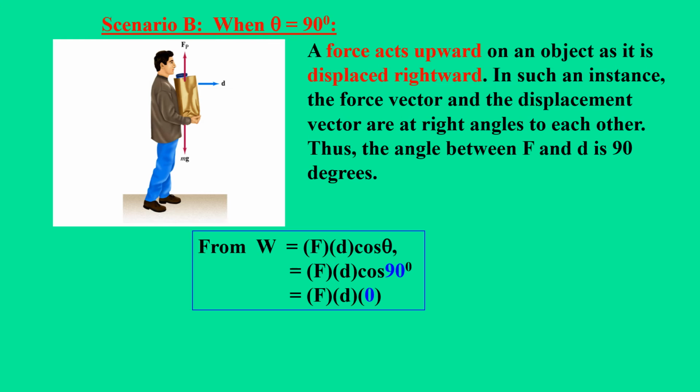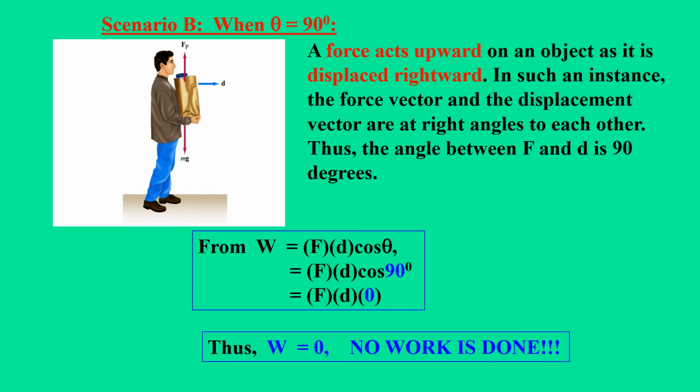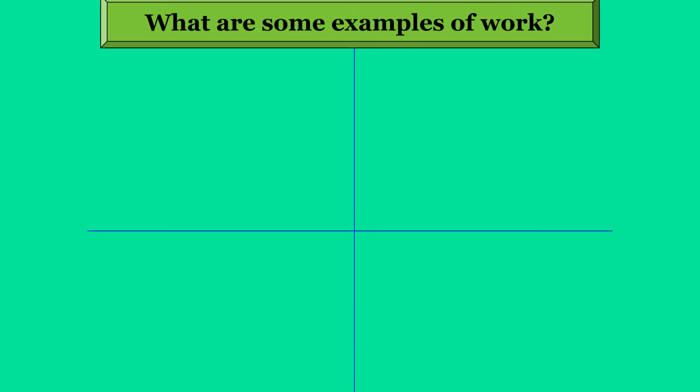From W equals F times D times cosine of theta, and since theta is 90 degrees, the formula is F times D times cosine of 90. But since the cosine of 90 is 0, the resulting equation becomes W equals 0, and here no work is done.